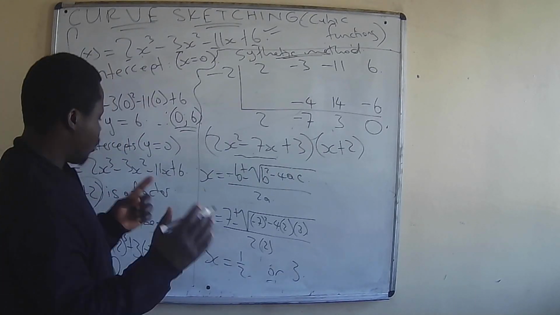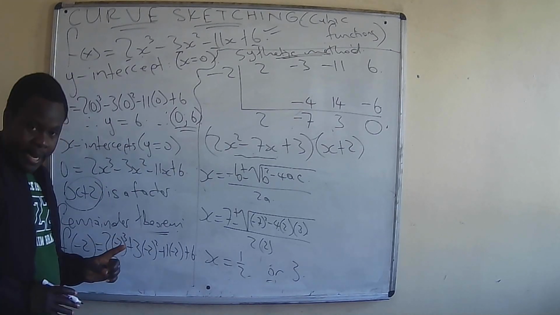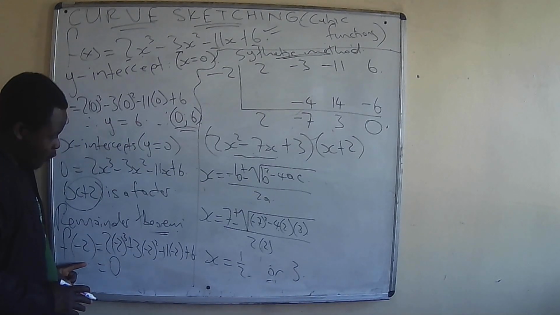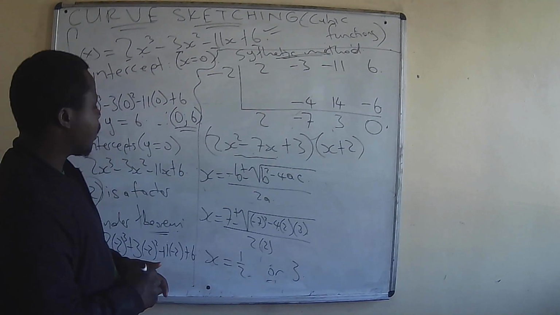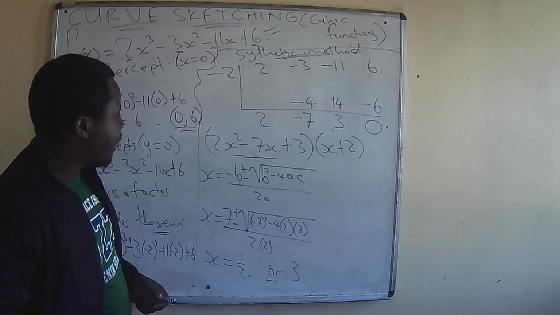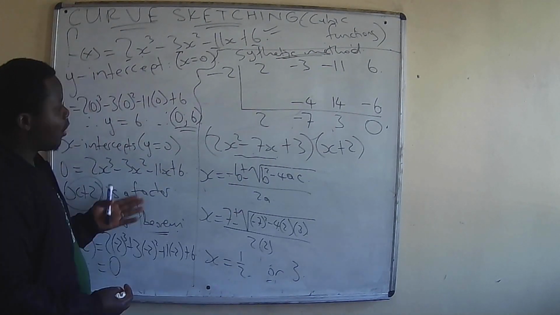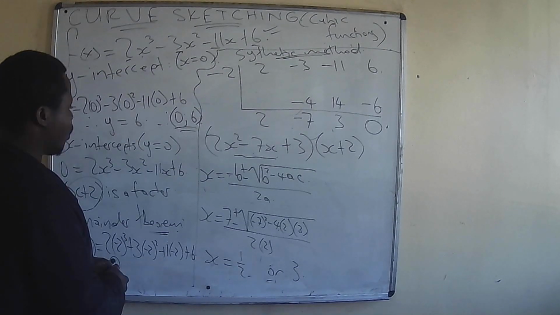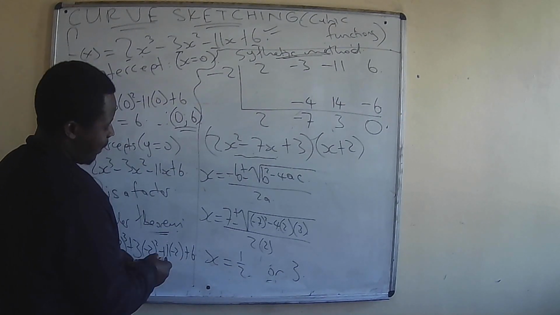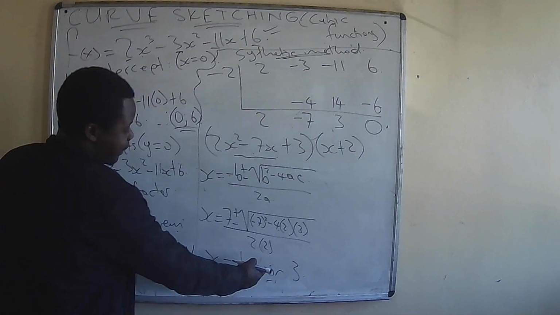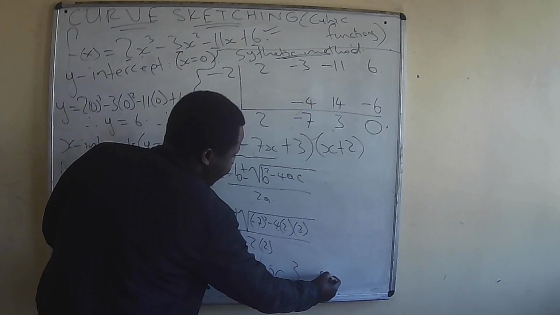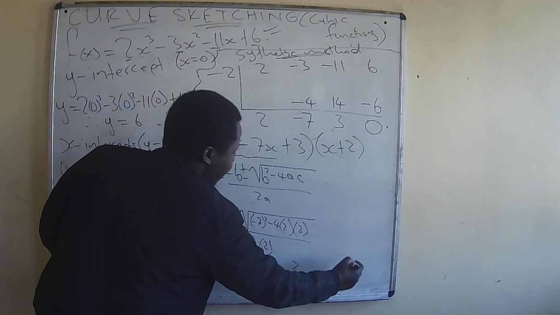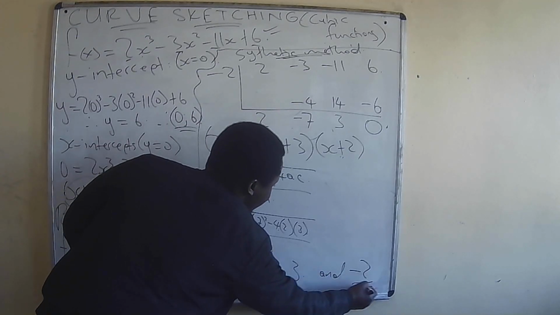But let us not forget there is another factor, which is this one. So now we're going to write the values or the factors of our cubic function. So we have x is equal to half, x is equal to 3, and let us not forget this one, which is x is equal to negative 2.